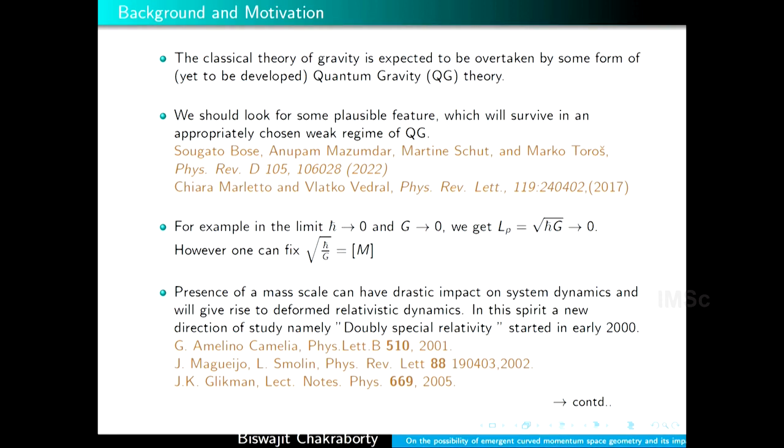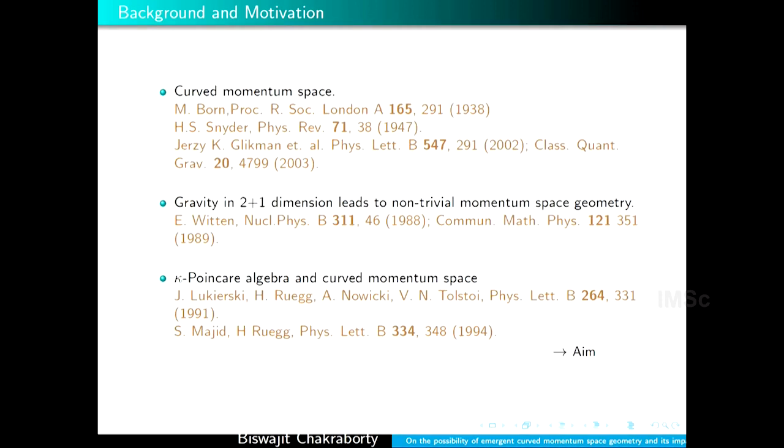And k-Minkowski space was introduced more than 20 years back by Kowalski-Glikman and other people. And curved momentum space relationships were also introduced. Particularly an interesting model is in 2+1 dimensional gravity, when you recast it in terms of Poincare gauge symmetry.